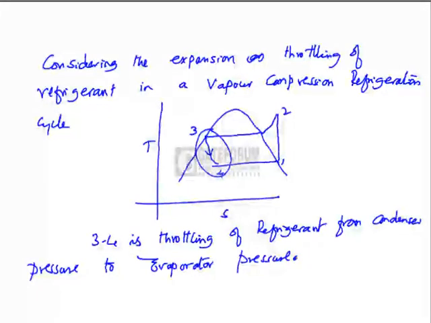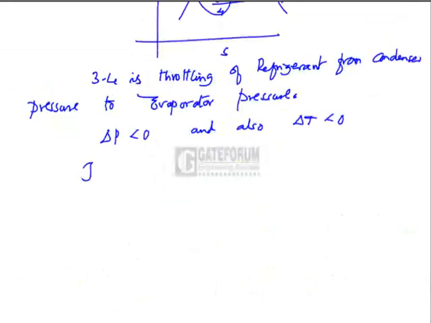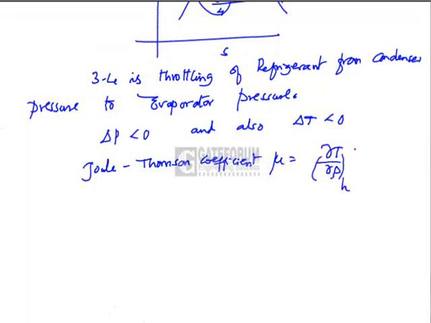In this throttling, delta P is less than 0 and also delta T is less than 0. Both being negative, the Joule-Thomson coefficient mu is dou T by dou P at constant enthalpy.